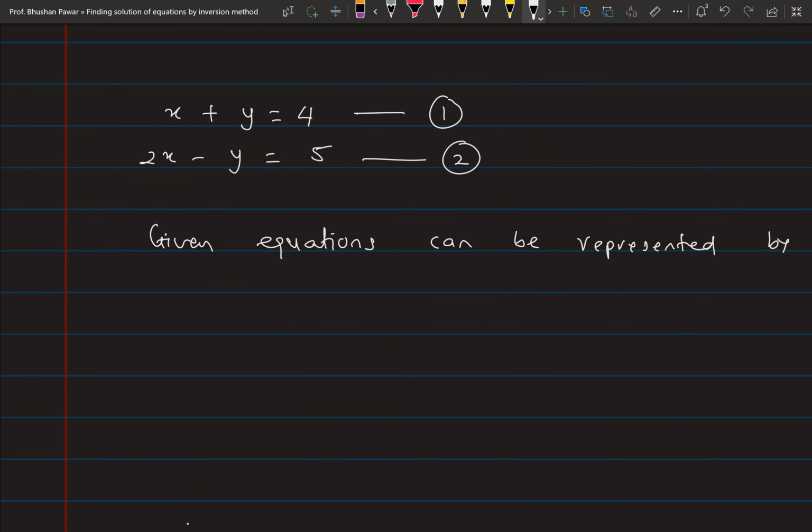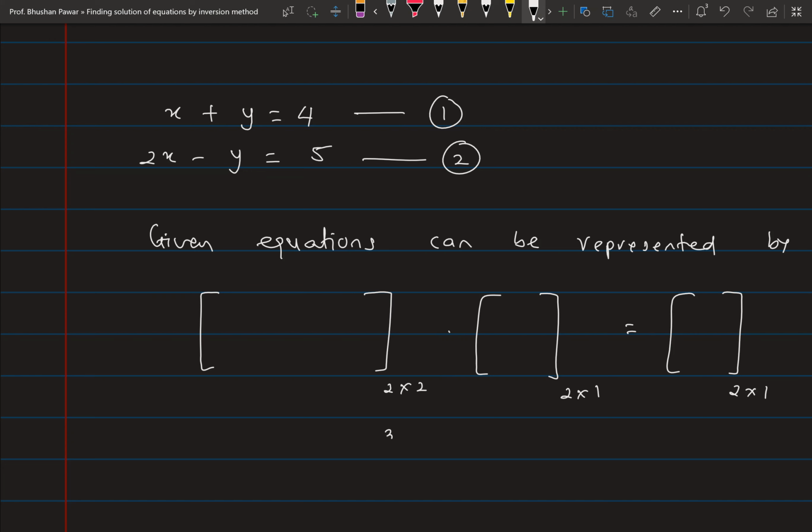We have a 2 by 2 matrix, multiplied by a 2 by 1 matrix, equal to a 2 by 1 matrix. If the system has 3 equations and 3 variables, then the order will be 3 by 3, 3 by 1, and 3 by 1.